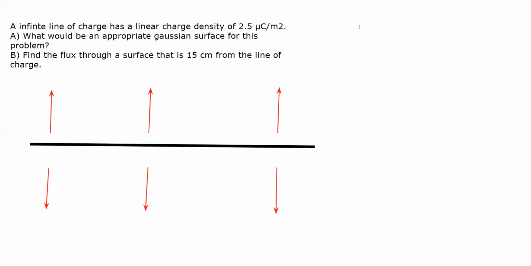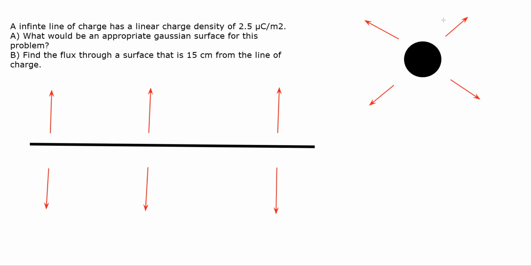You would see the wire, and the electric field going radially outwards. That has the cylindrical symmetry. So because of the cylindrical symmetry, the best Gaussian surface we could pick would be a cylinder.